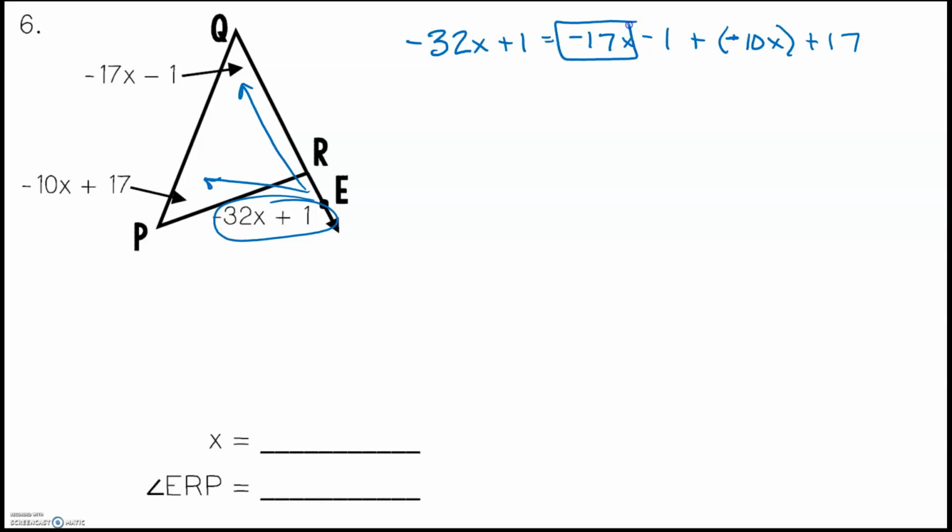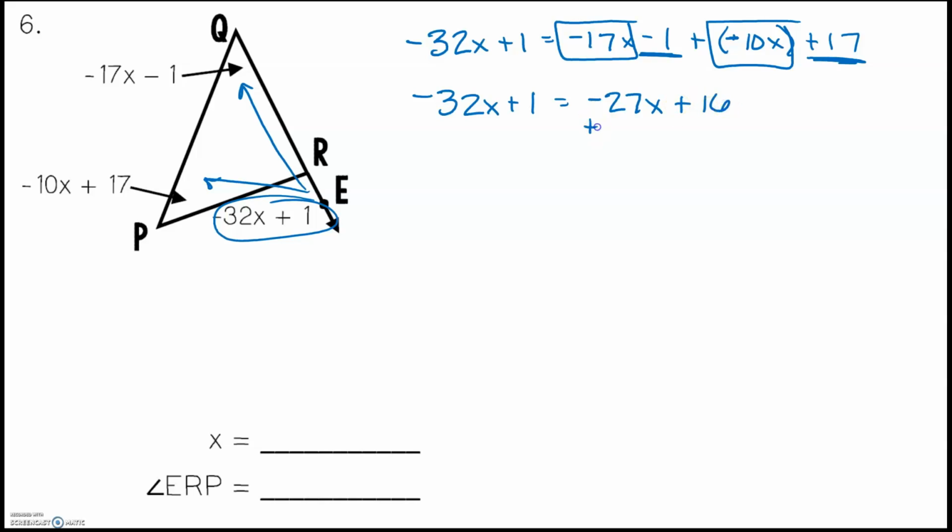Again, put your like terms together whenever you can before you start moving across that equal sign. Okay, this side is going to stay the same for the moment. Negative 17x's and negative 10x's is going to put us at negative 27x's. A negative 1 and a positive 17 is going to put us at 16.